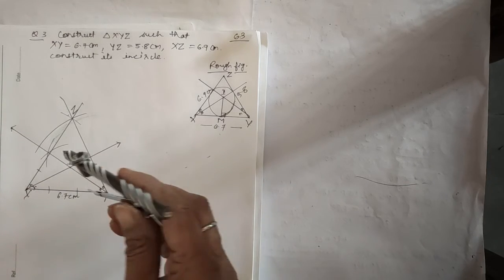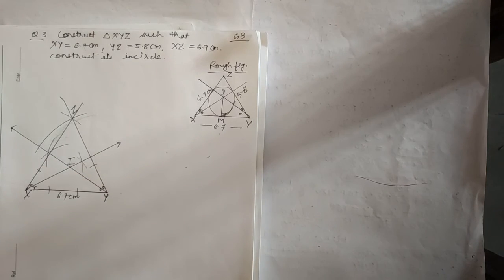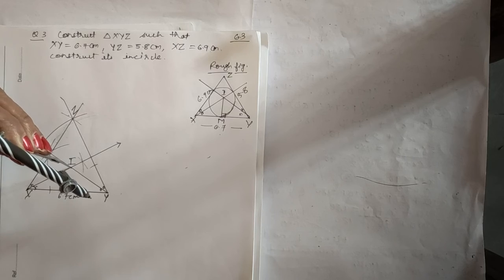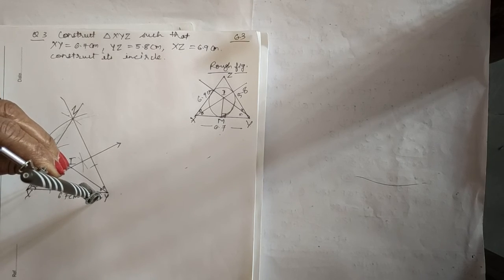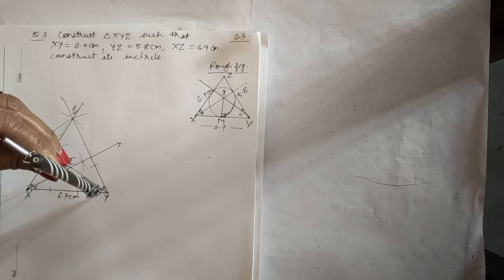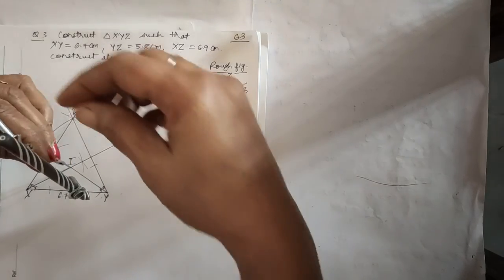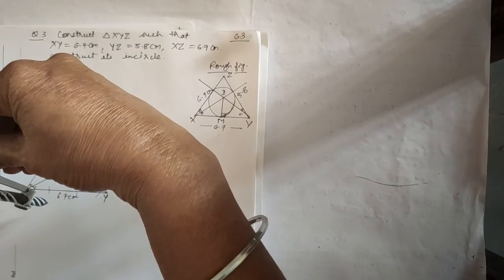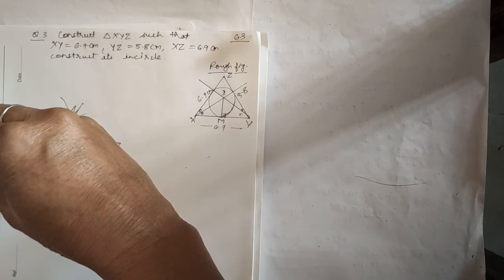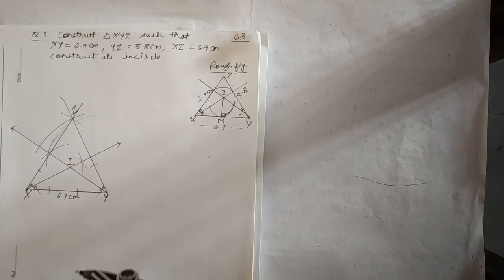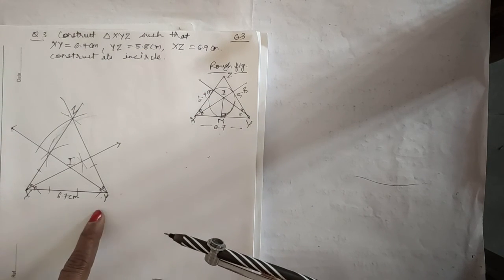Now from this I will draw a perpendicular. So what is the step? Take I as center and take a convenient radius and cut off this base XY, because I want to draw perpendicular from I to the side XY. Okay, now children, you can see here I got the point of intersection, this and this.